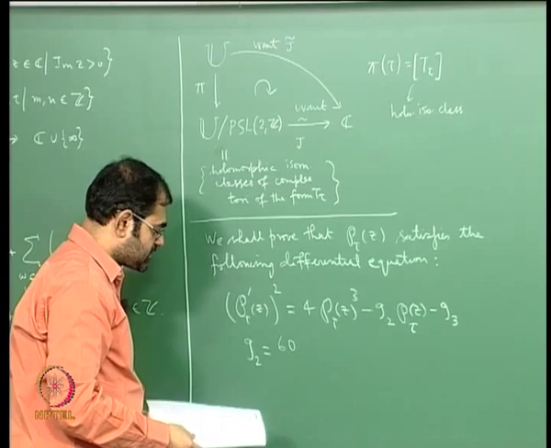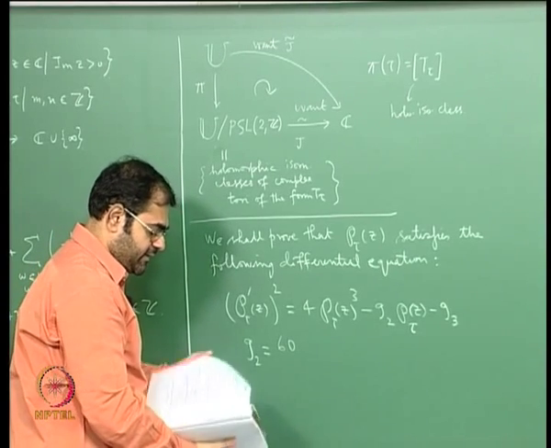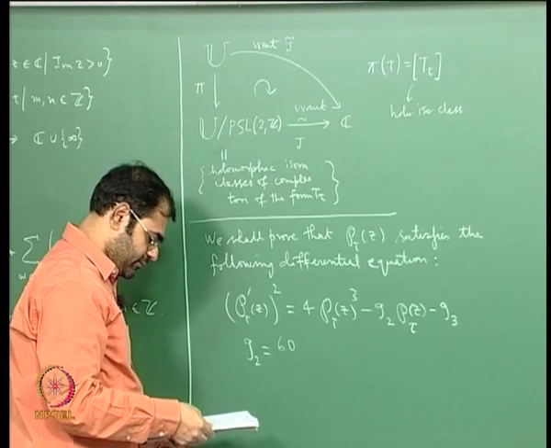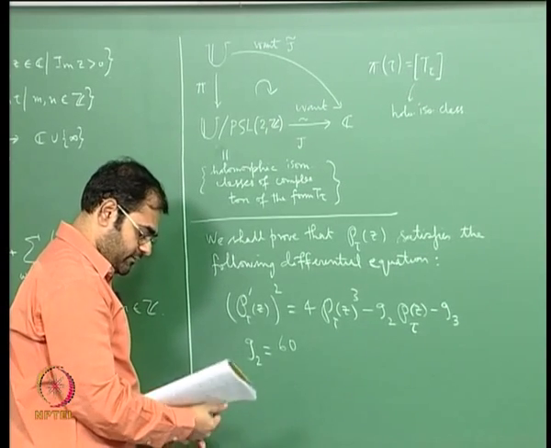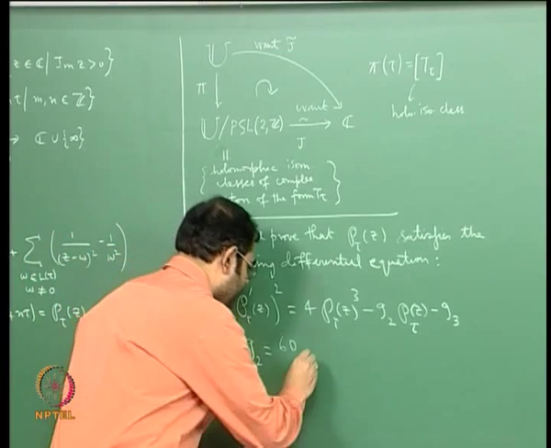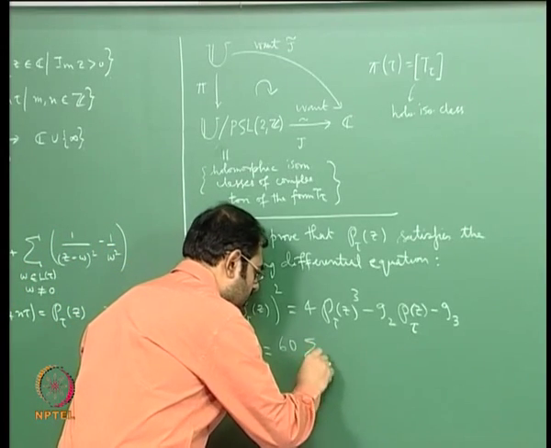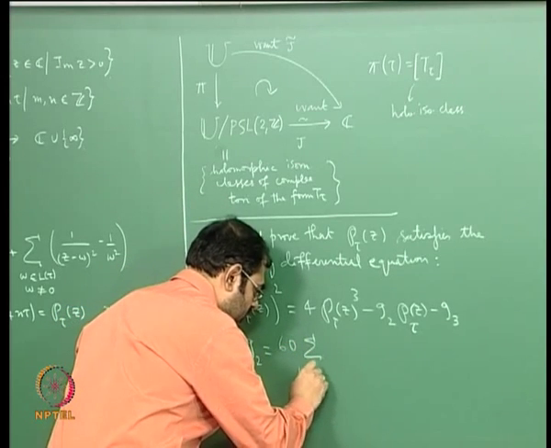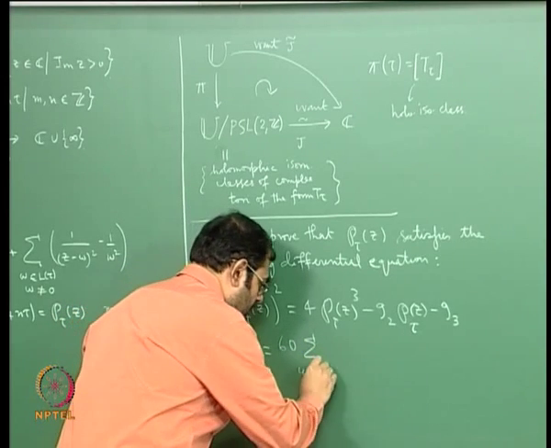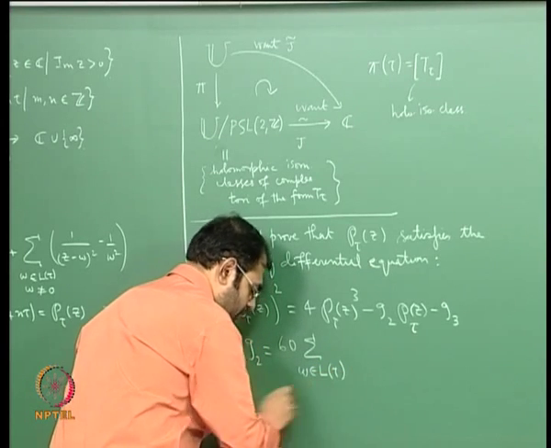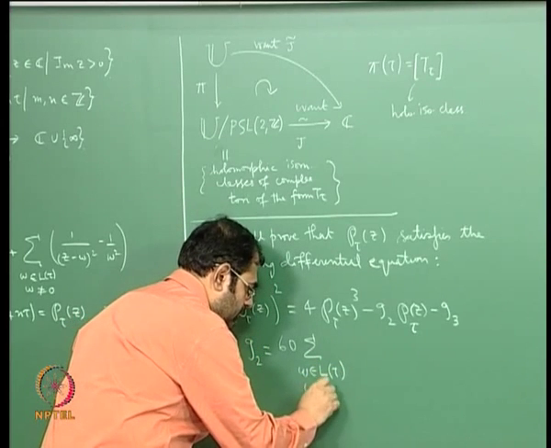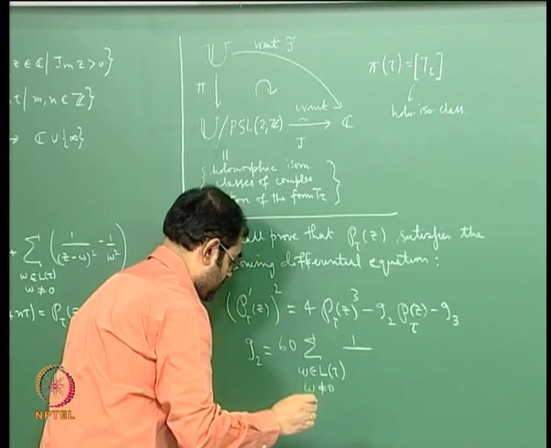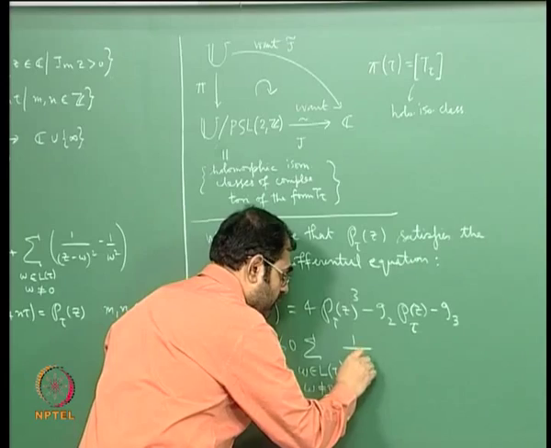I am just referring to my notes so that I do not make a mistake in writing things down. So g2 is 60 times the summation over all the lattice points different from 0 of 1 by omega power 4.